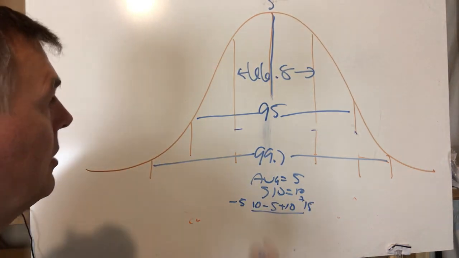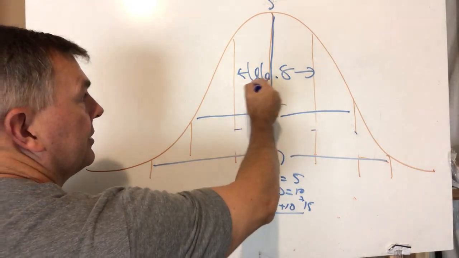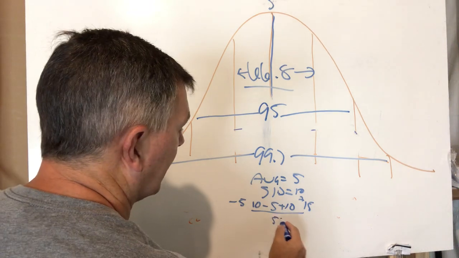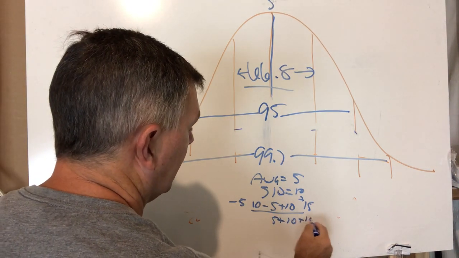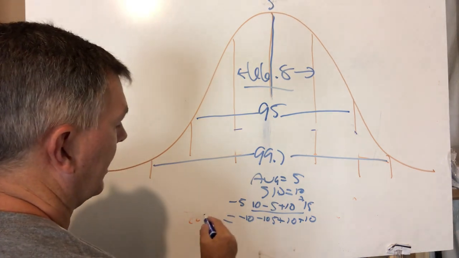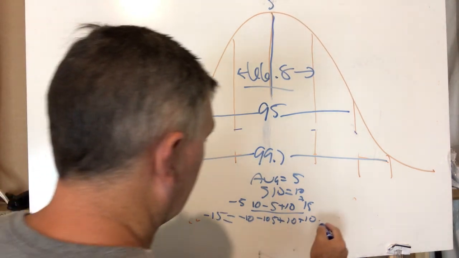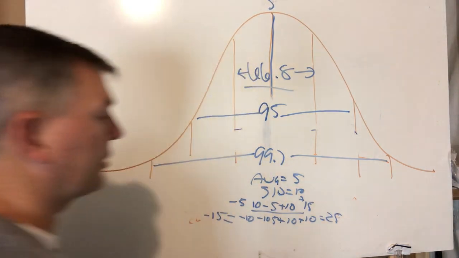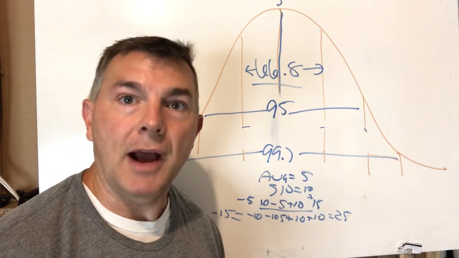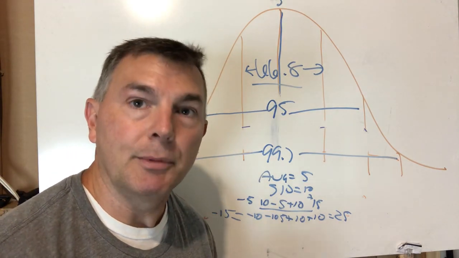One standard deviation, 2/3 of the time. Two standard deviations is 95% of the time: plus 10, plus 10, and minus 10, minus 10, so -15 and 25, within 95% of the time within this sample base.